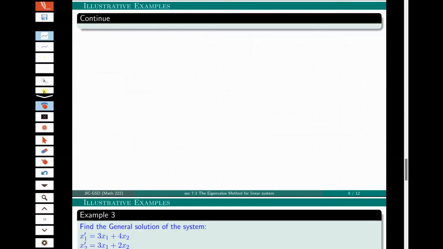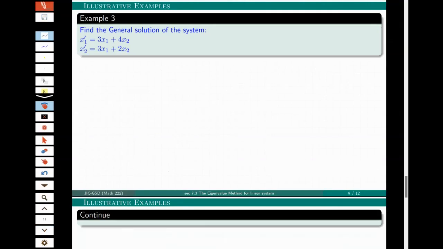That's the whole thing about this section. Again, find a general solution of the linear system. We are repeating the same idea.